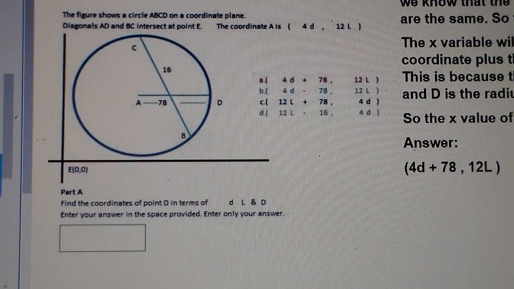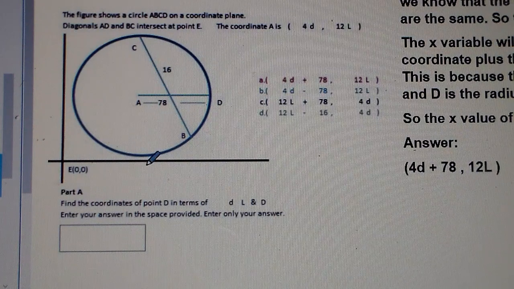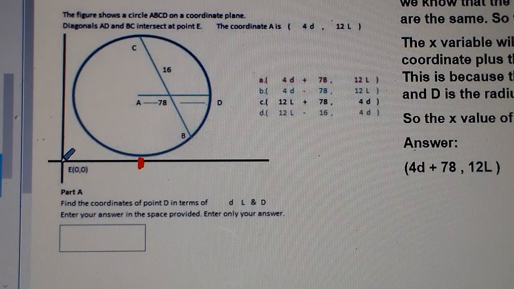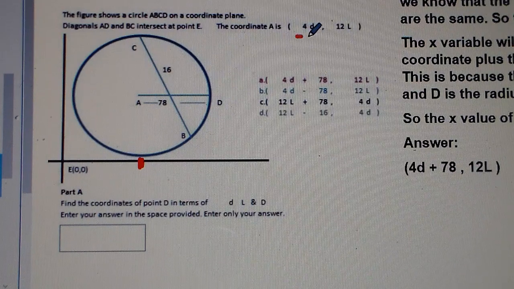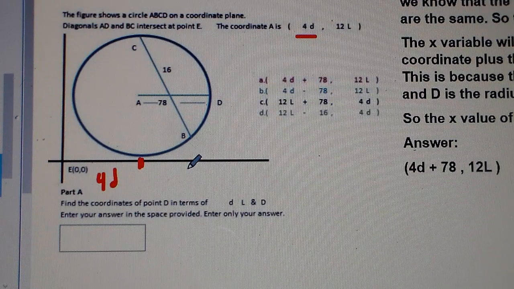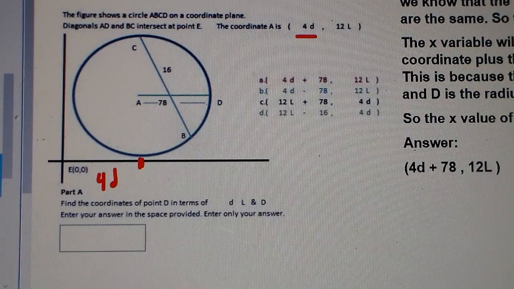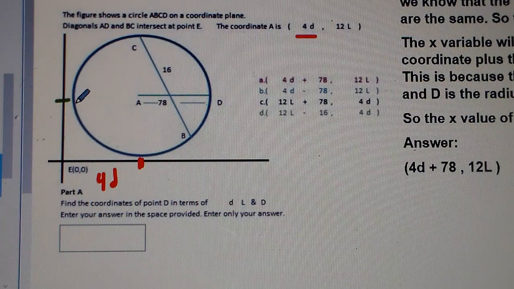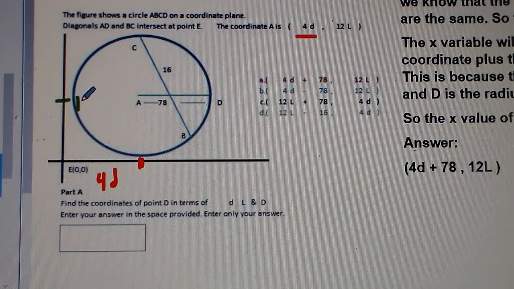Let's do another one. So we know A is the center of the circle. How far is the distance? Well, it tells us right here 4D is the distance from the origin, the x distance. The height of A is 12L.